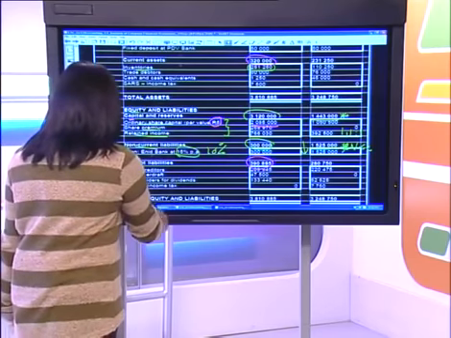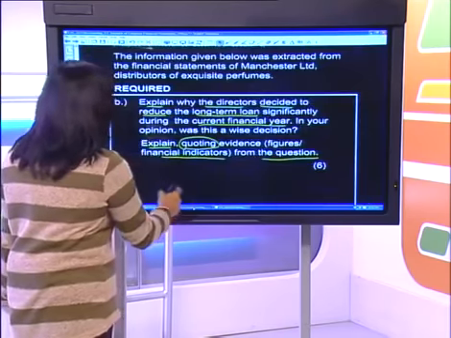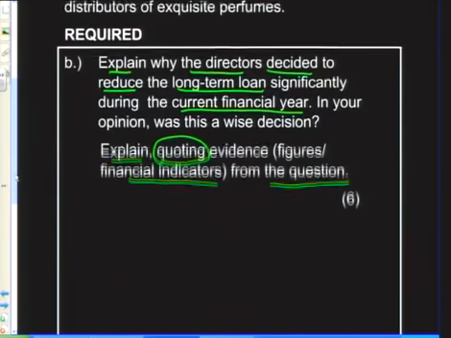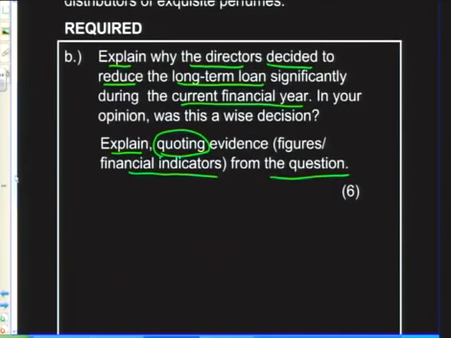So the first part of the question, guys: explain why the directors decided to reduce the long-term loan. Your answer would be the business was high geared. I'm just going to write it in point form, guys. The business was high geared in the previous year, which was 2008.